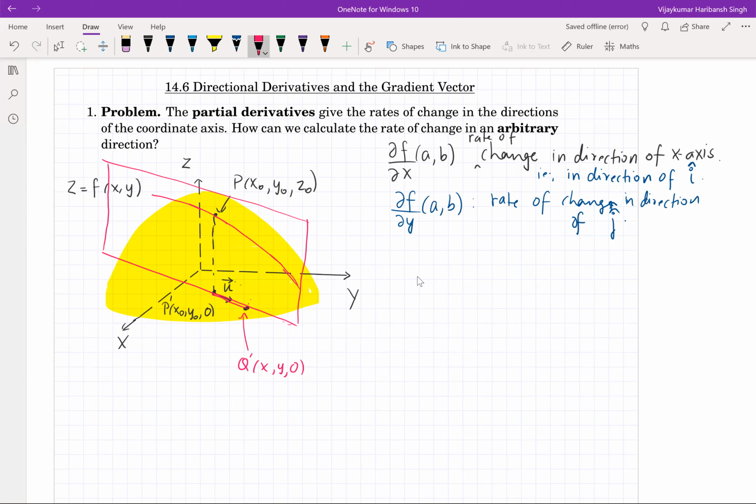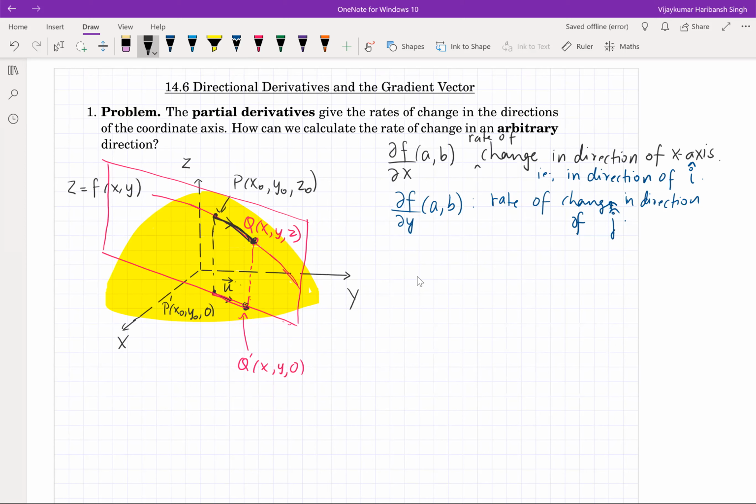And on top of this point, we have q (x, y, z). So we want to see how much the function changes in the direction of u, which is on top of the curve. How much is the rate of change of the function along this curve? So let's figure that out.